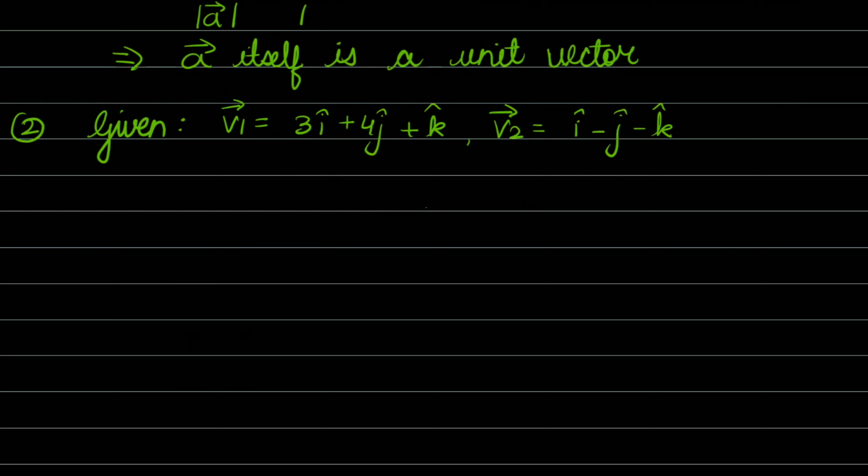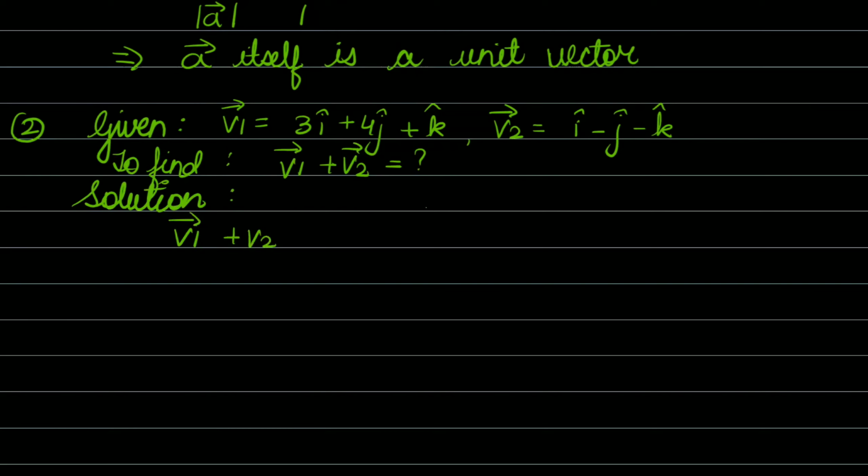What we have to do is determine the sum of V1 vector plus V2 vector. The solution can be written as V1 vector plus V2 vector.